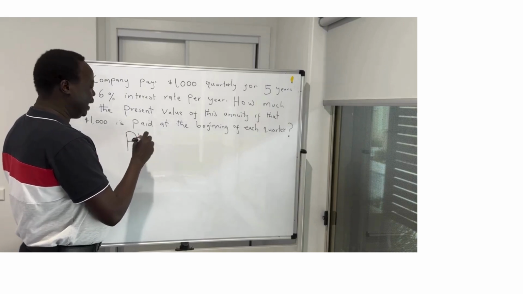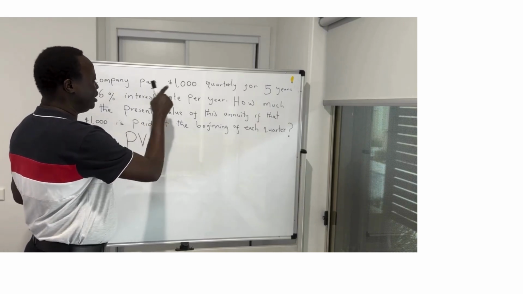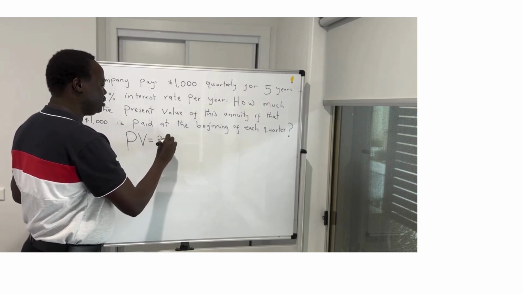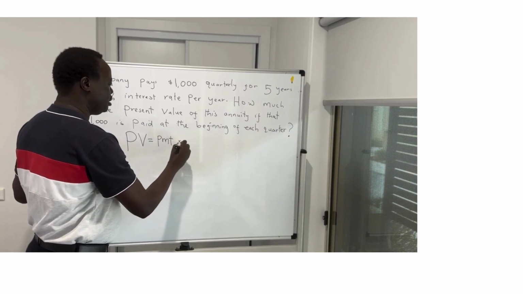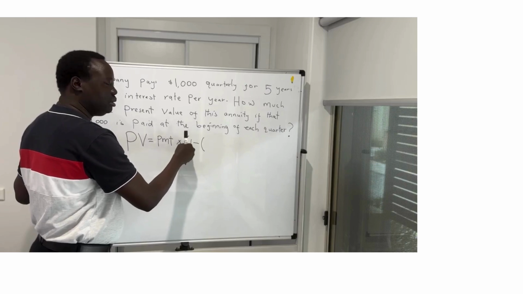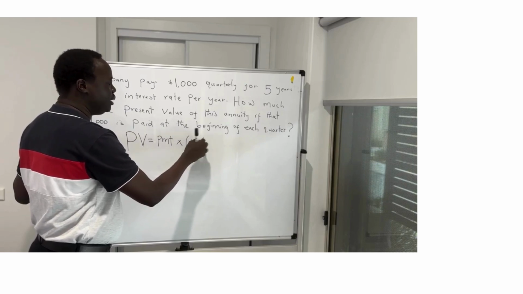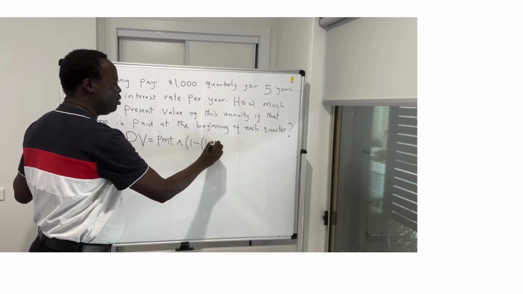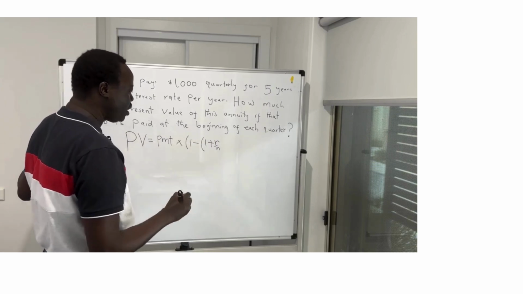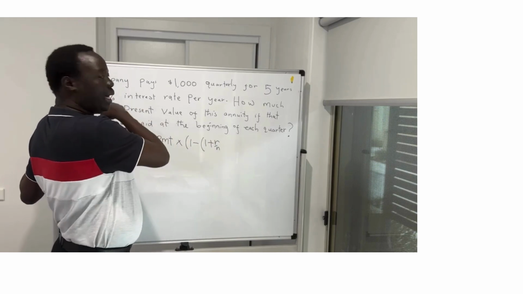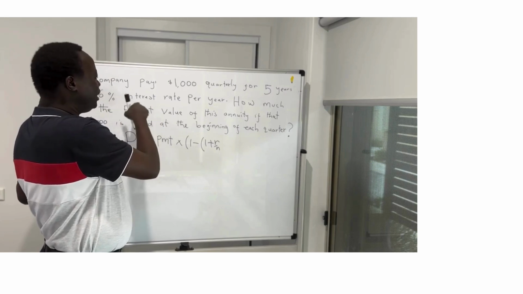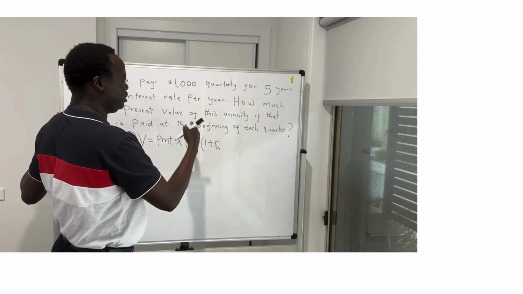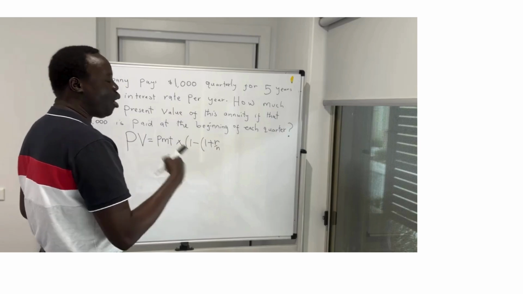Present value equals the regular payment, which in this case is 1,000, times open parenthesis 1 minus another open parenthesis 1 plus R over N. R is the rate, which is 6% per year, and N is the number of times the interest is compounded.